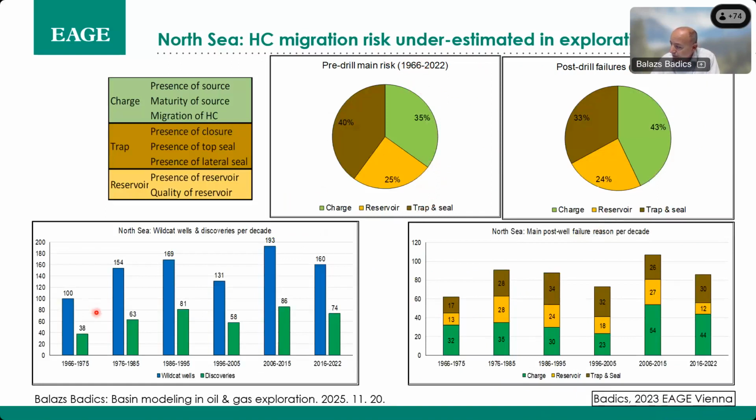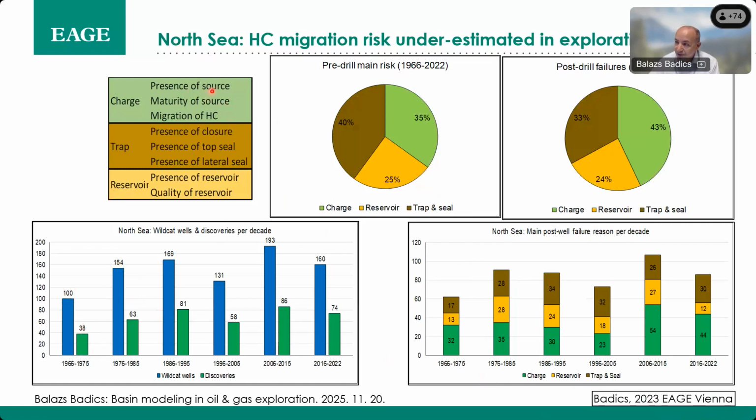And the first talk, which has the extended abstract and also the references, looked back from the beginning of exploration in Norway in 1966. And then it looked at every 10 years, how many discoveries were made and how many wells were drilled and how many were dry. Here is the same kind of categorization that NPD in Norway is using to find out the main reason for failure.